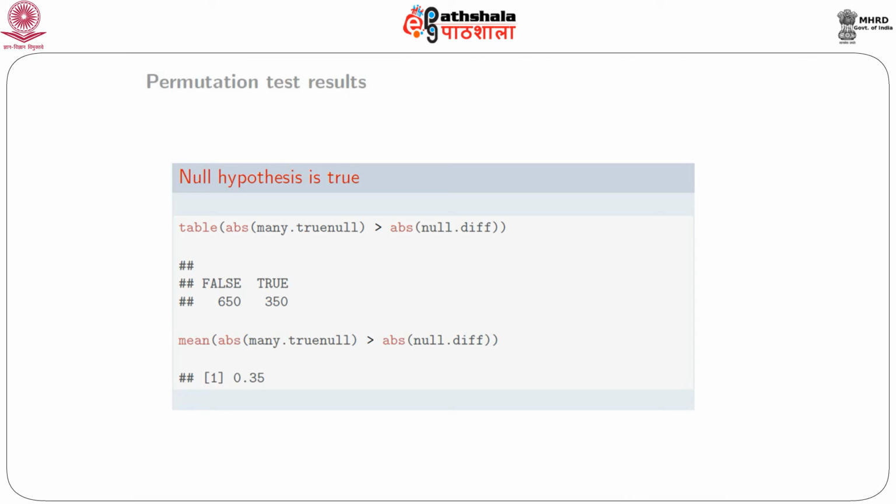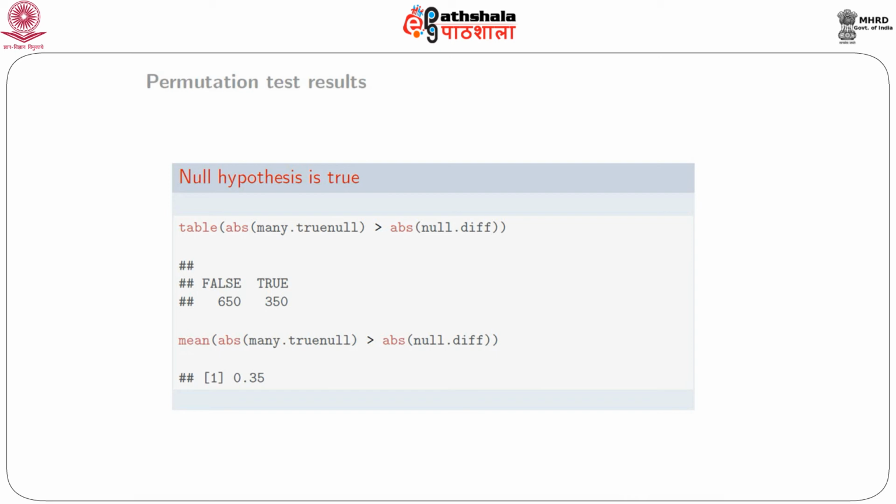Now, if we take the proportion, we get the value 0.35. Why are we taking the mean? Because it is divided by 1000. So, 650 into 0 plus 350 into 1, divided by 1000, where false is coded as 0 because it is a binary variable, and true is coded as 1.